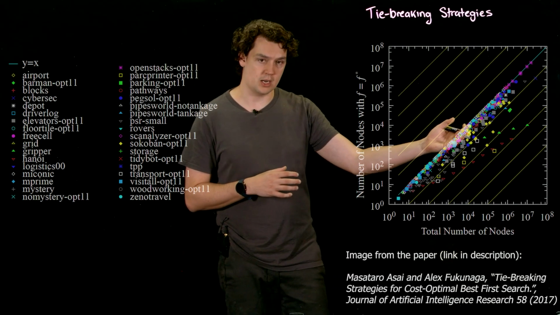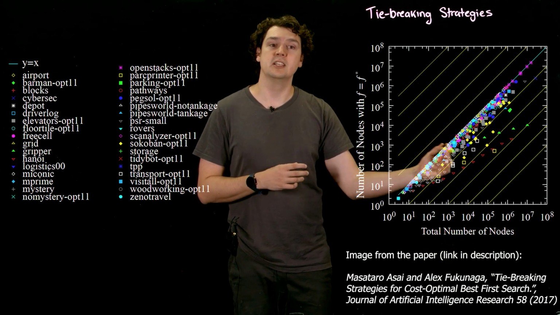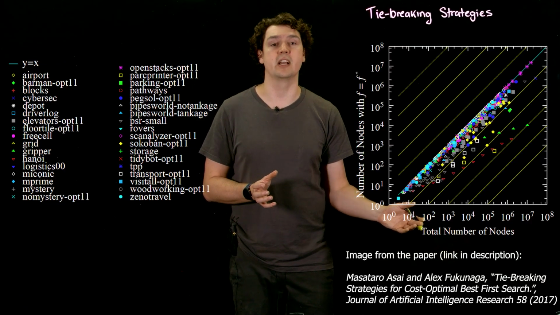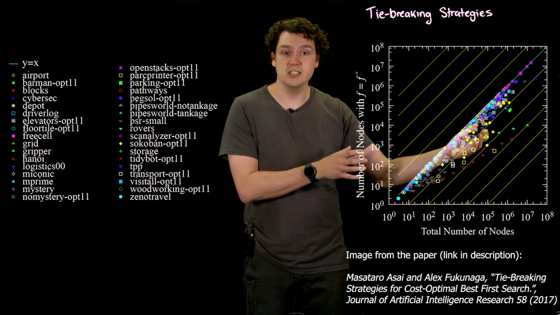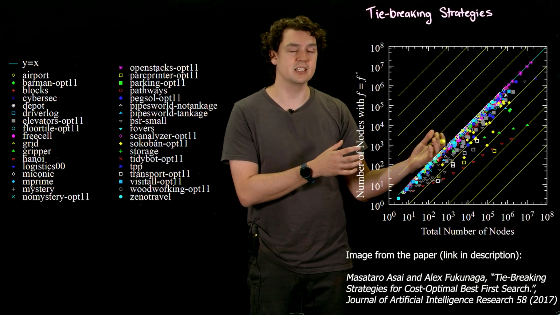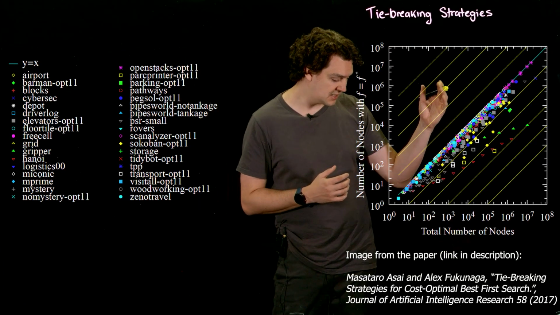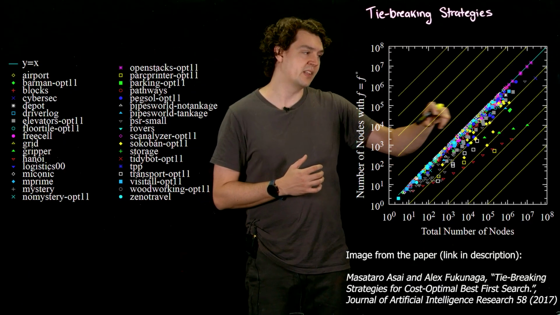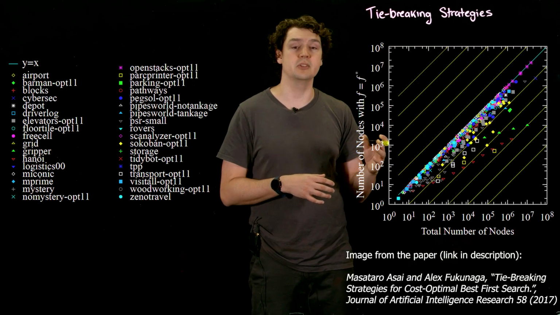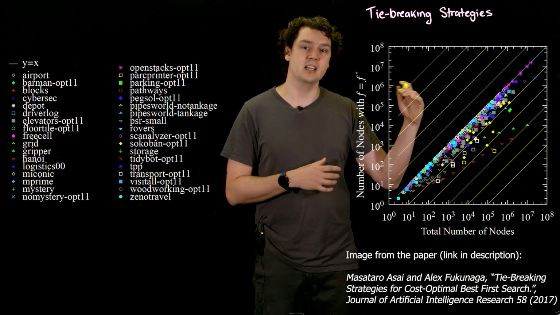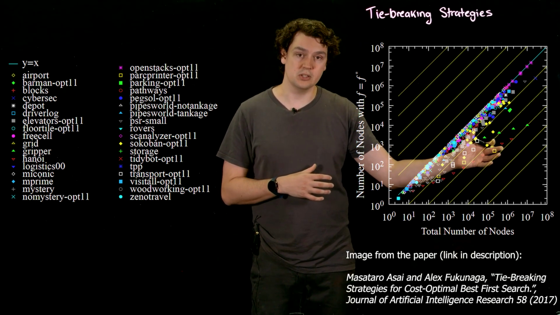So here I will show a plot of a whole series of different algorithms, over an entire series of popular benchmarks. On the x-axis, we have essentially the number of nodes generated, the number of nodes that were necessary to generate in order to find the final solution, right?